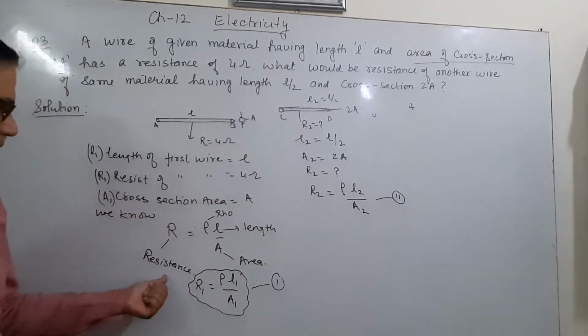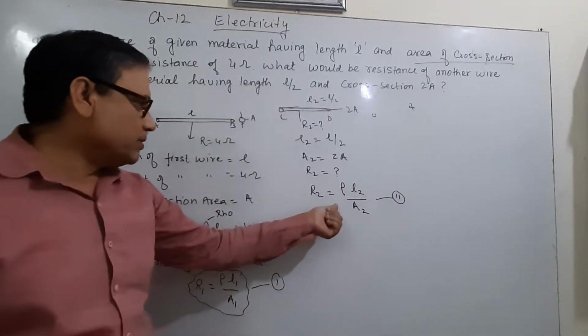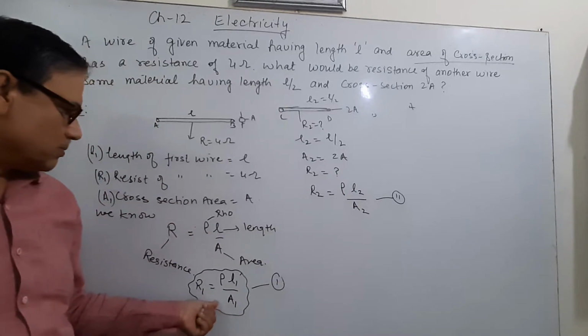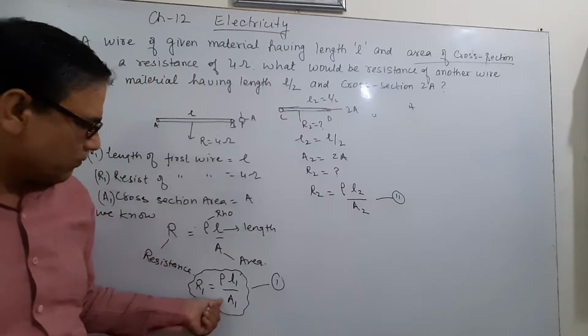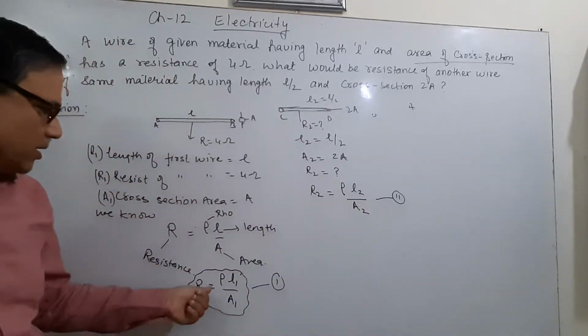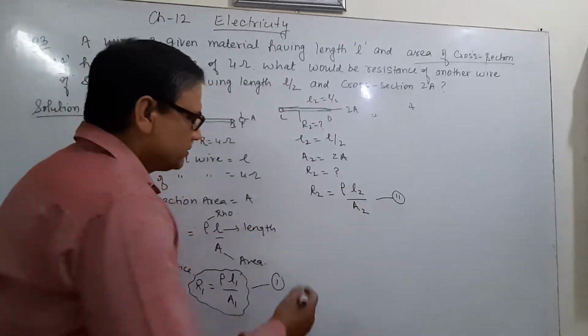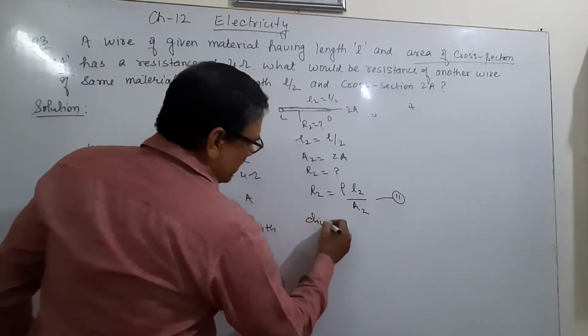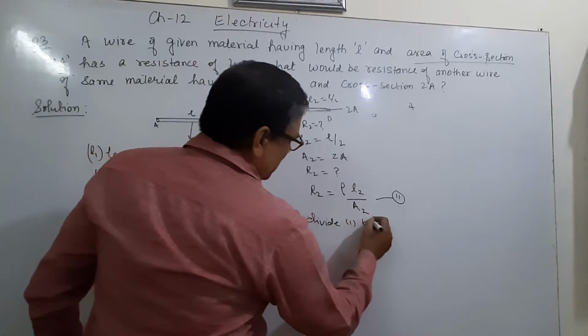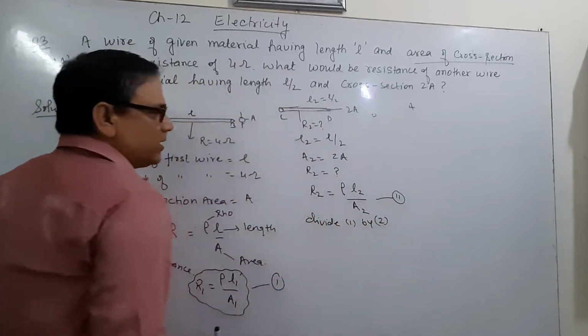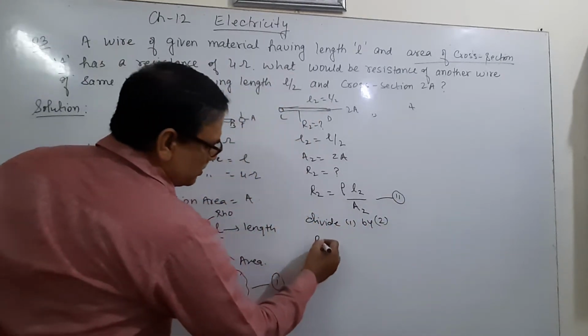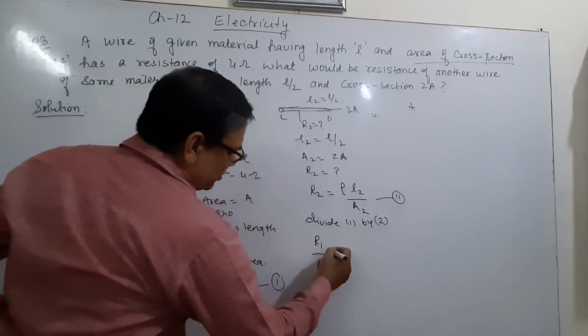It means divide first by second. We can also do it by another method. R1 upon R2 is equal to, what is R1?